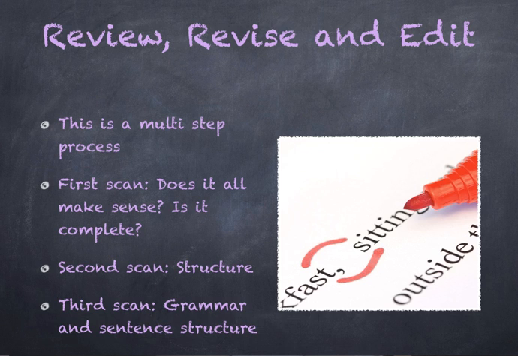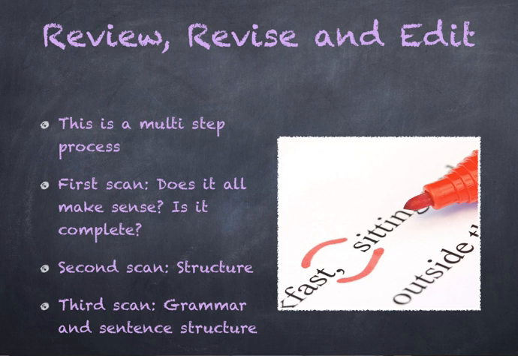The second go around, structure. Is everything organized properly? Does the structure look all right? Is it MLA format, for one thing? But also, is the structure looking okay? And sentence structure a little bit here. I mean, you can kind of tell, but that's really for the third scan, which is grammar and sentence structure. Is everything spelled correctly?